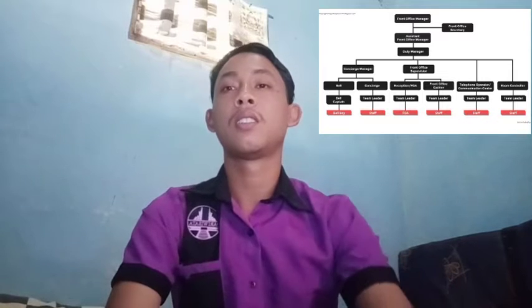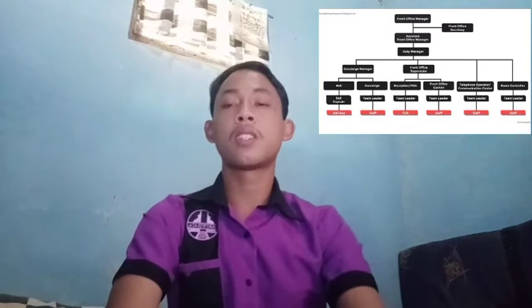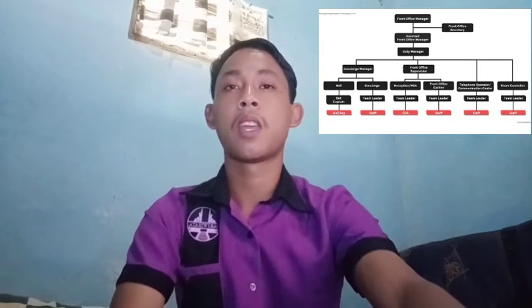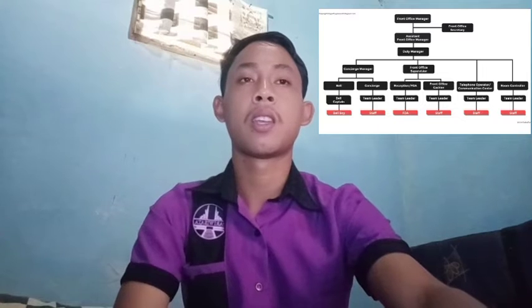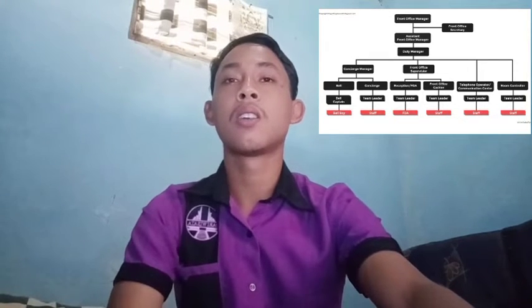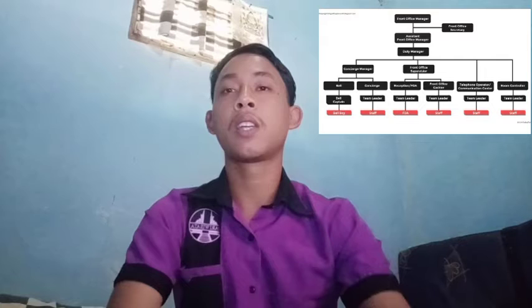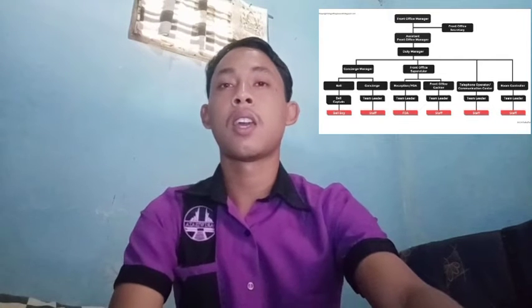Below the front office manager is the front office secretary. And then below the secretary is the duty manager. And then below the duty manager, between them, are the concierge manager, front office supervisor, telephone operator or communication center, and room controller.